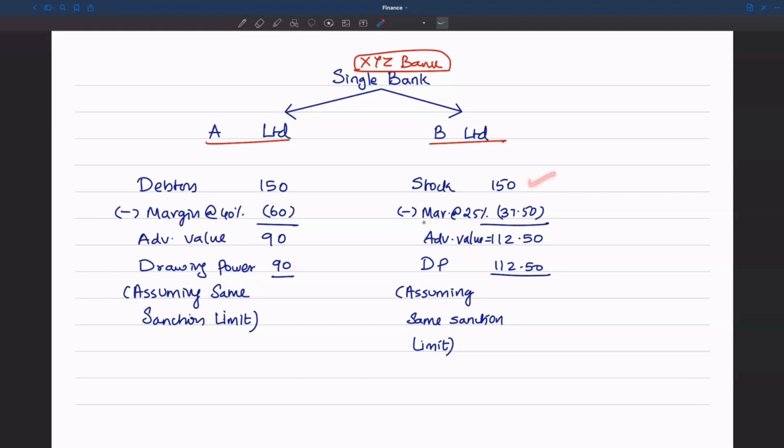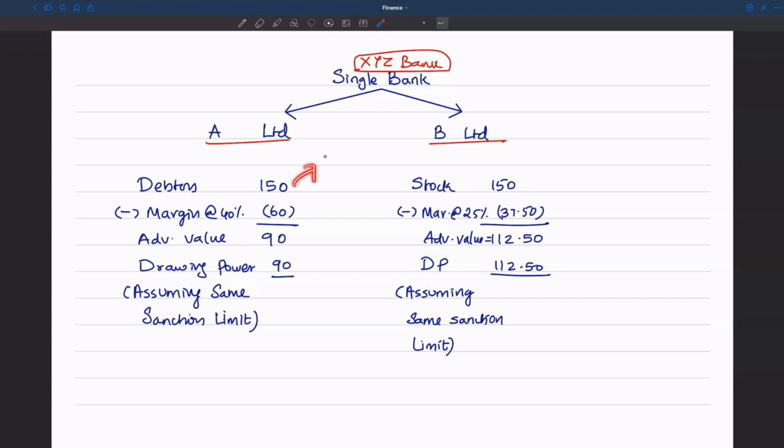Assuming the stock margin is 25%, it works out to 37.5. So the advance value is 112.5. And I am assuming the sanction amount is also equal to this. So advance value or sanction limit, whichever is lower, and in this case both are the same. So DP is this 112.5. Now just imagine, look at the fate of this bank.